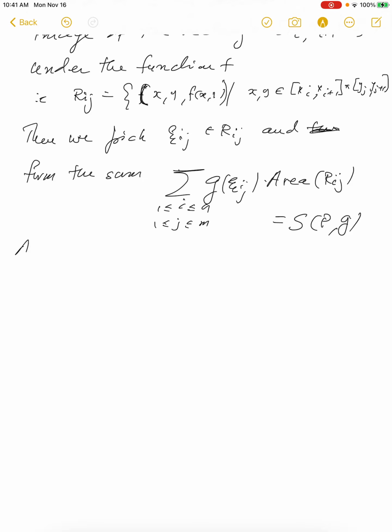And then, as the norm of P tends to 0, the limit of S_P converges. This limit exists, and it will be called the surface integral of g on the surface sigma.